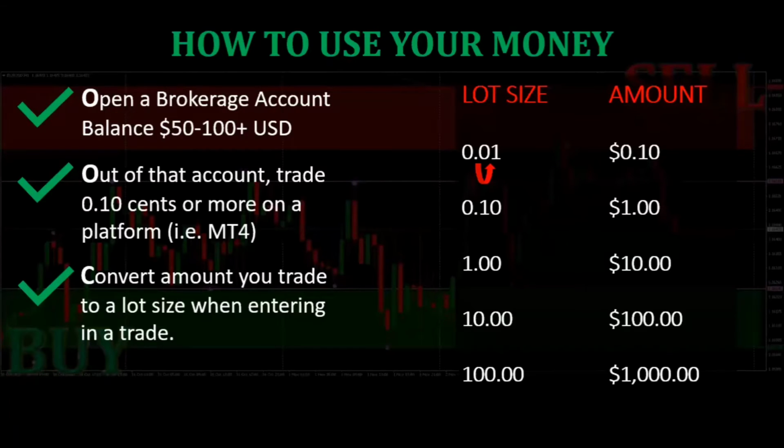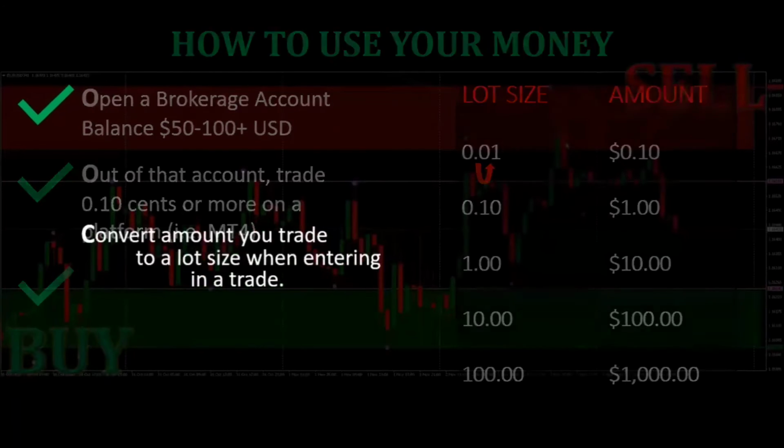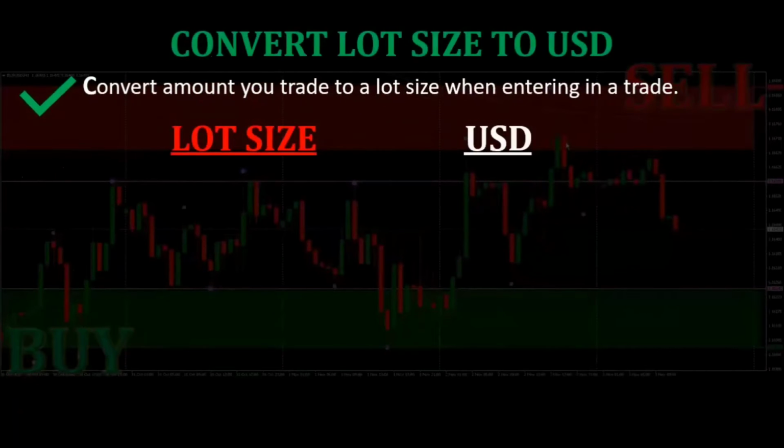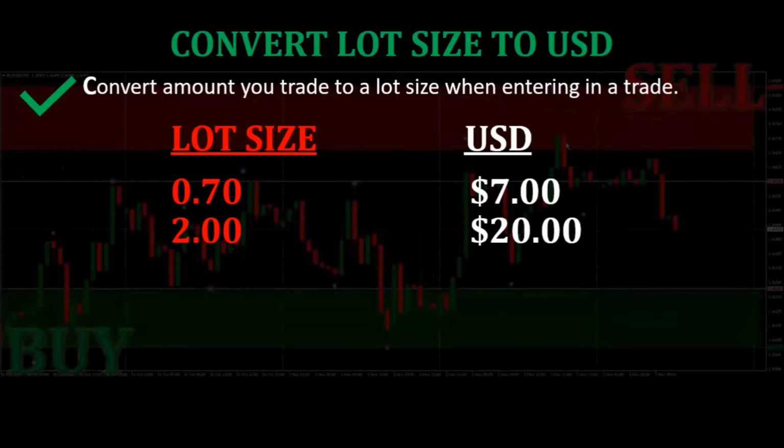All right. So what I'm going to do here real quickly is a little exercise. You guys are going to mute yourselves. I'll put the lot size, and then you convert it and tell me what the answer is in USD. 0.70 is $7. $7. Perfect. All right. 2.00, what would that be? $20. $20.